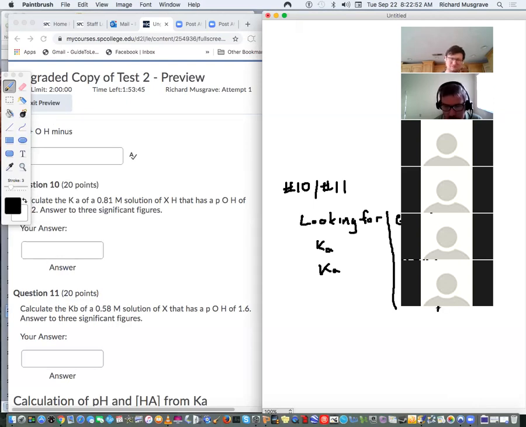All right, so now for KB, it's the same situation. We could be given pH, or for KB, we could be given pOH.